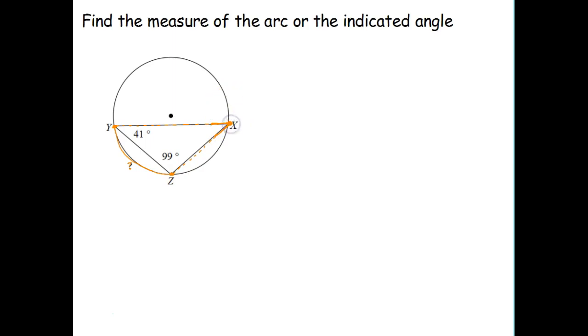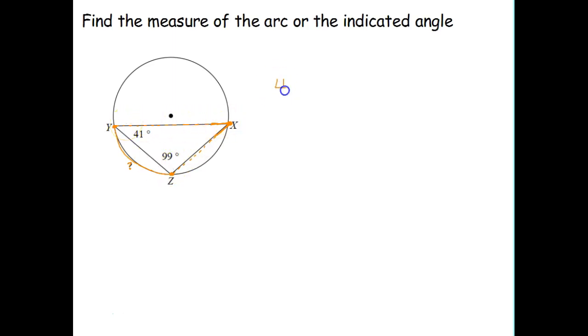Inscribed because the vertex is on the circle. So in order to find this arc right here, first we have to know what this angle is. And the way to find out what this angle is, again, is to use what we know about triangles, because if we look, we can see that there's a triangle inscribed in this circle.